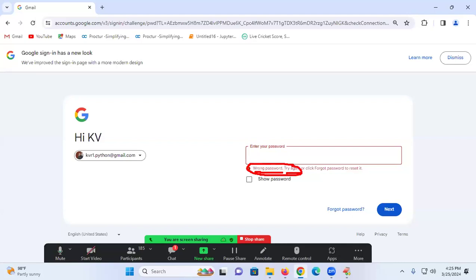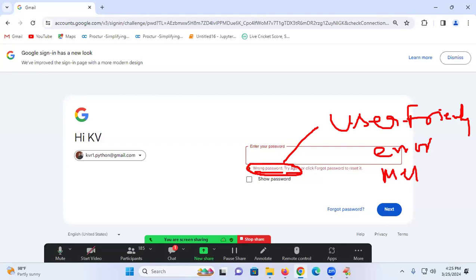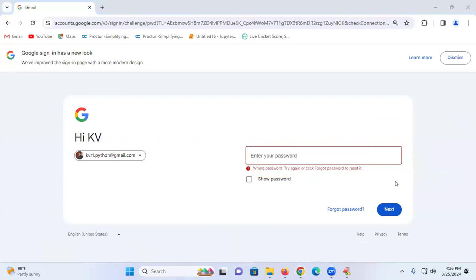When the end user enters something wrong in any application, we get a user-friendly error message. Spell it out once, all of you. User-friendly error message.